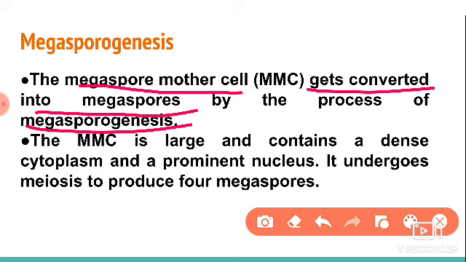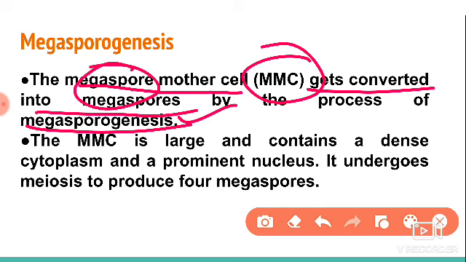But in the case of microsporogenesis, it is the process of formation of microspores from the pollen mother cell. But here megaspore mother cells are present, and with the help of these megaspore mother cells there is a formation of megaspores. Such a process we call megasporogenesis.